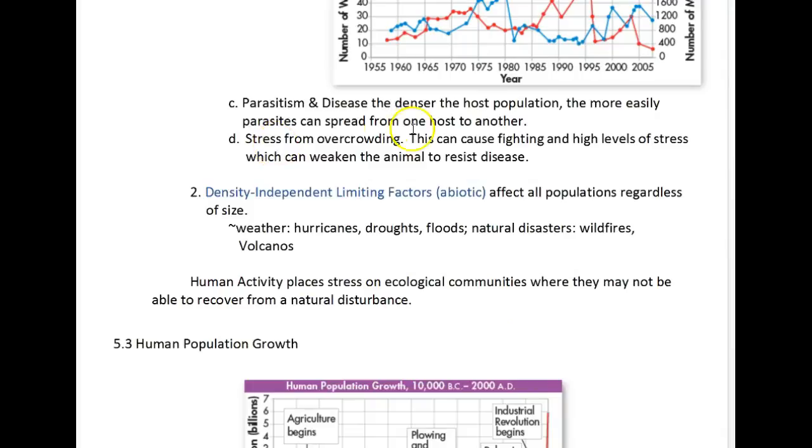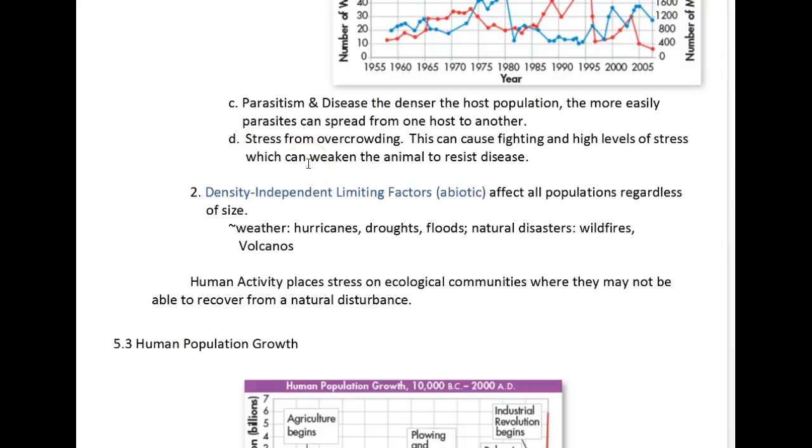In parasitism and disease, the denser the host population, the more easily the parasites can spread from one host to another. So I often think of ticks or fleas. The more animals that you have, the better the chances that you're going to get fleas, because they can easily spread. And then the last density dependent factor is stress from overcrowding.